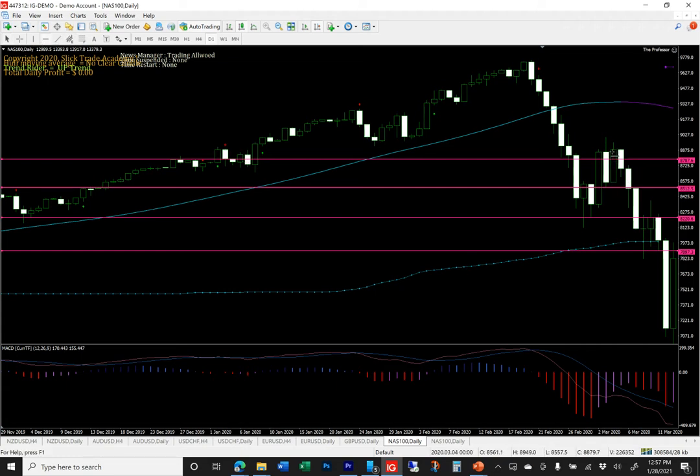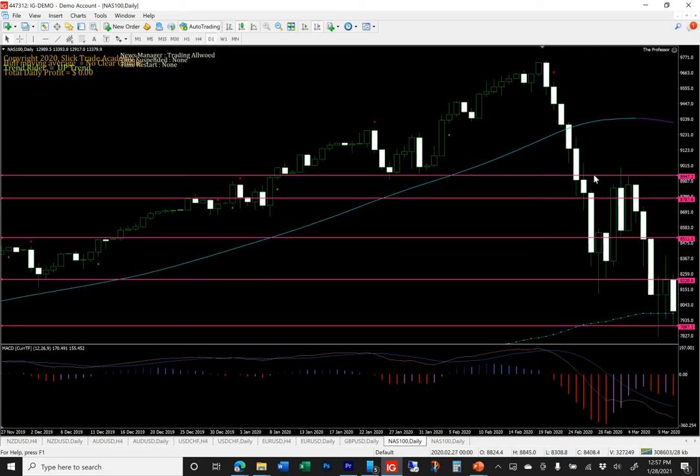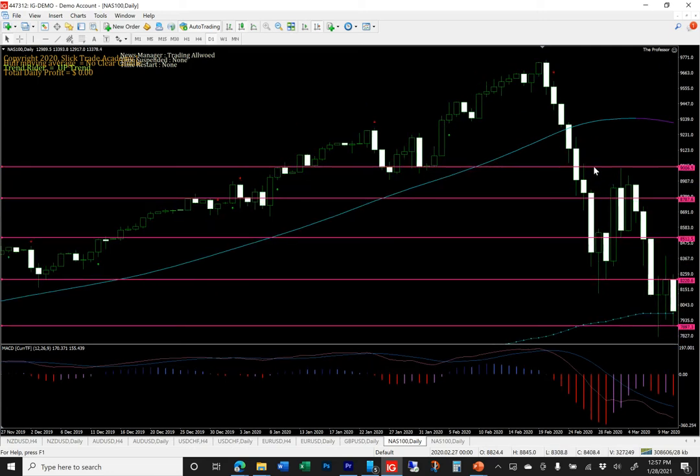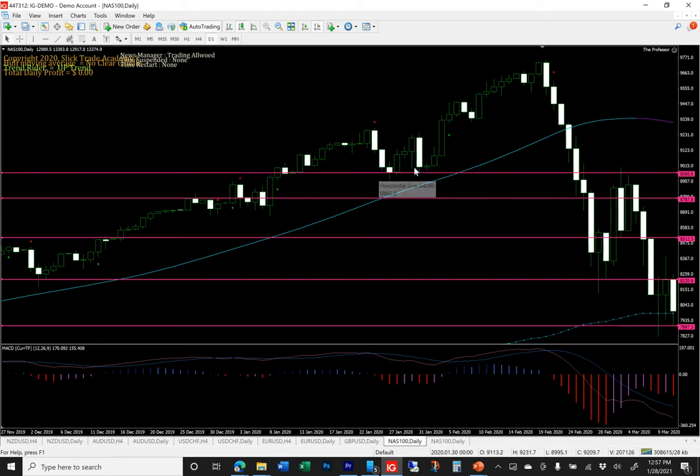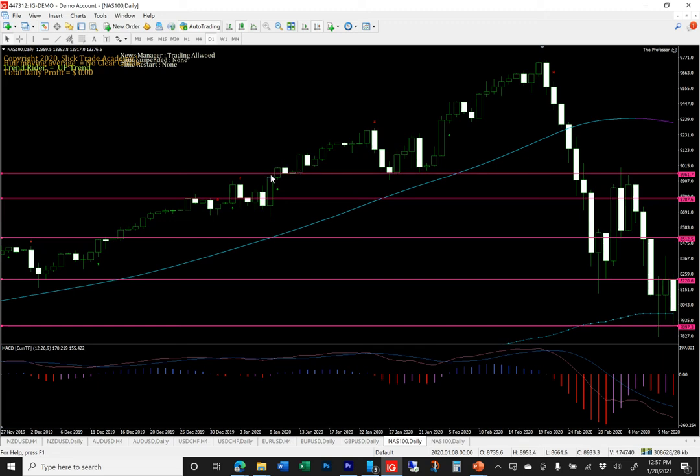Where's another? So I'd say if we're looking here, price tested here, kind of all in this area, up to about there. Now, if we go back further, here, that's where it tested. Here, it tested. Bottom of that, bottom of that.